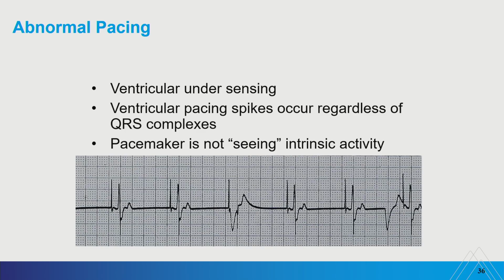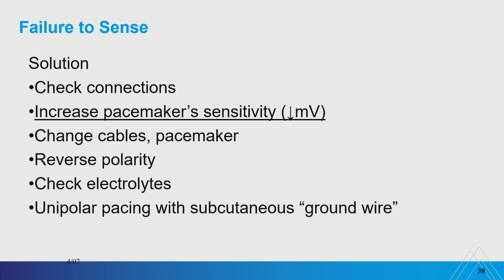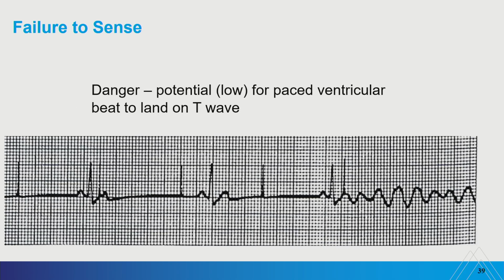If you've already done that, you're going to have to troubleshoot some more, make sure the connections are attached correctly. In this situation, you can also reverse polarity. It may work better with the wires the other direction. If you do that, potentially you could lose capture, but maybe it will work. You can trial it. Okay, we kind of went through all these causes.